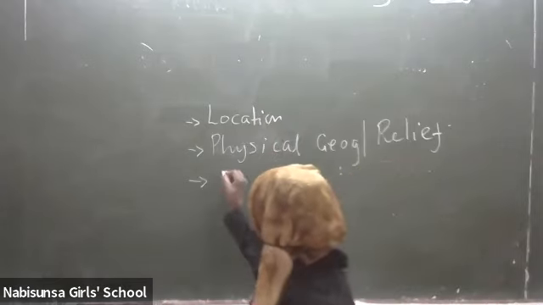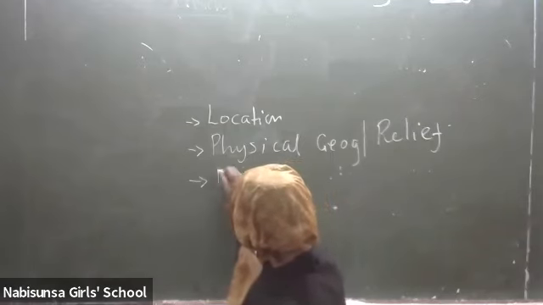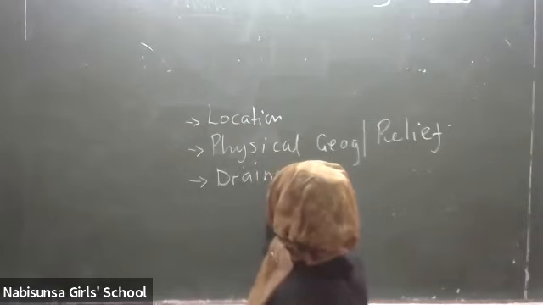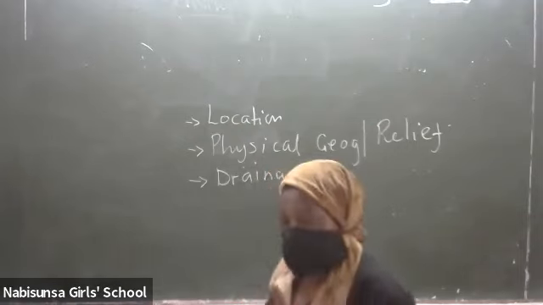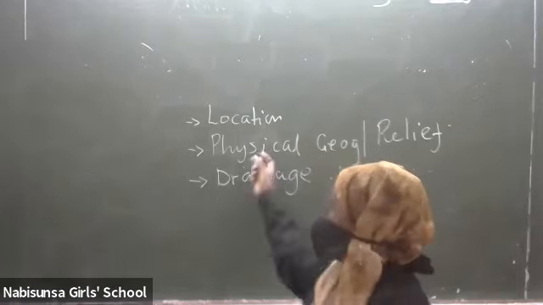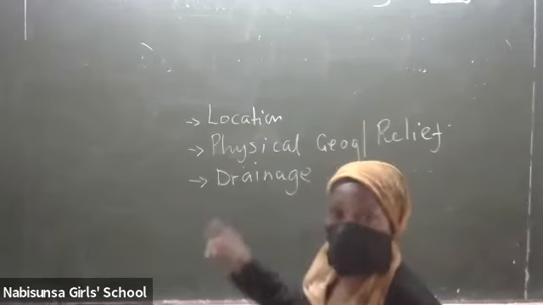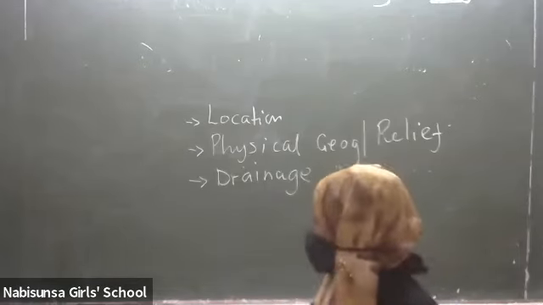Then you have to know the drainage. You know what is included in drainage: anything to do with the water within that map. Physical includes hills and mountains and so on.